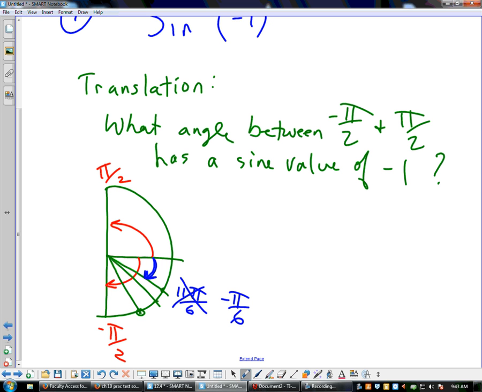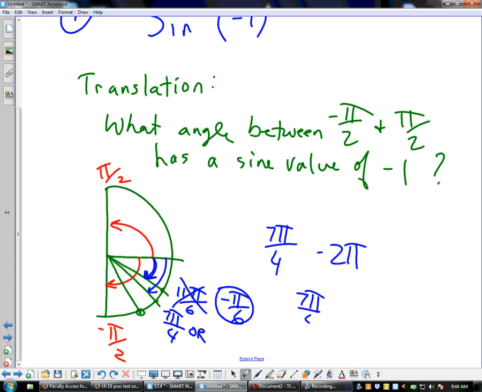So go ahead on your unit circle, and I wouldn't cross off the 11 pi over 6, but right next to it, write negative pi over 6. Does that make sense? So if you want to find the capital sine inverse, you'll give negative pi over 6 as your answer. Or what's this one going to be? Instead of 7 pi over 4, you could also take 7 pi over 4 and subtract 2 pi, because we're going around the unit circle.